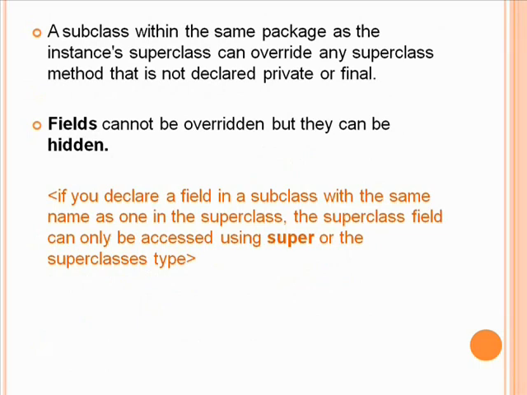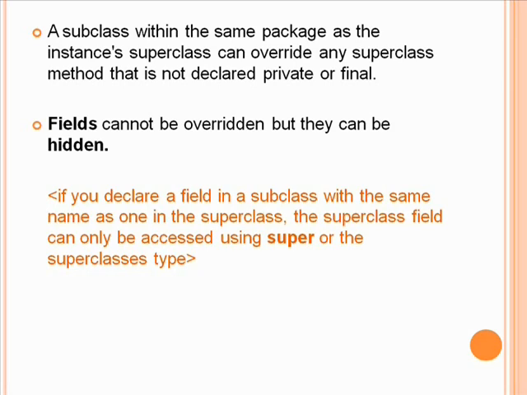A subclass within the same package as the instance's superclass can override any superclass method that is not declared private or final. Fields cannot be overridden, but they can be hidden.